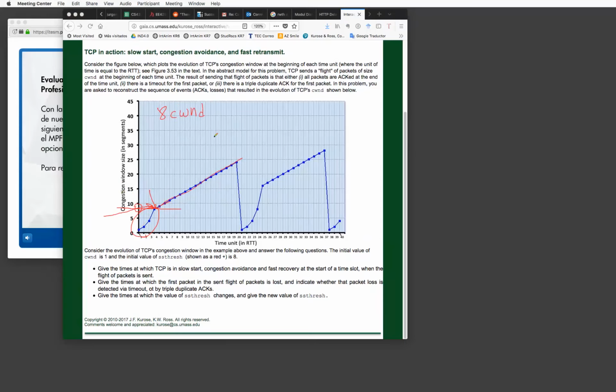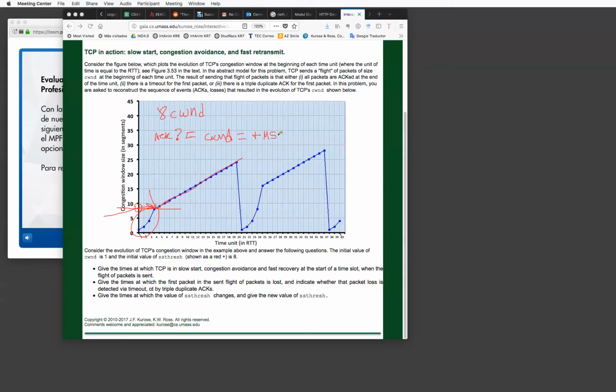In the finite state machine that we went over in detail in lecture that's in the book, it tells you that when you are in slow start, every time you get an ACK, it basically means you're supposed to increase your congestion window by 1 MSS.